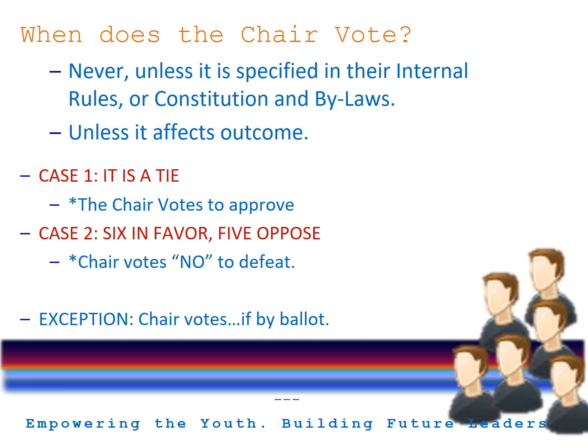For case two, for example, if 6 are in favor and 5 oppose, the chair votes no to defeat. That means the motion should not be on records of the secretary. However, if the division is conducted through ballot, the chair may vote.